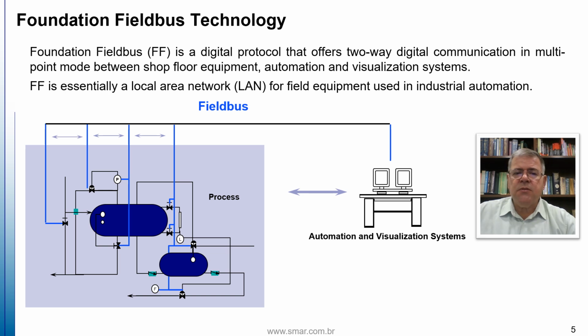That is to say, we transmit and receive information from the field devices, and they communicate with one another as multi-point. Therefore, in essence, the Foundation Fieldbus serves as a local area network designed for field devices, for communication with the control system.